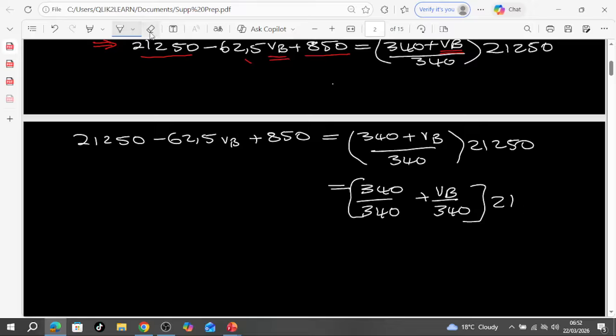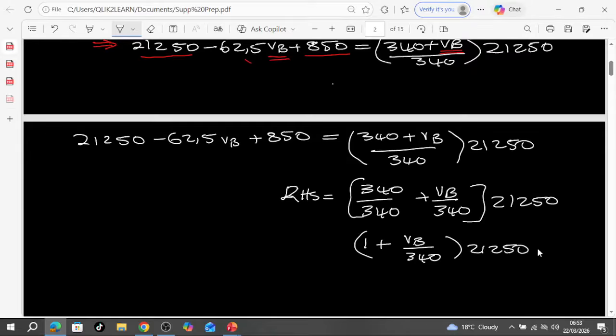Okay, let me do this. Right hand side, and then this is 21250. So this is 1 plus VB over 340, and this is 21250.